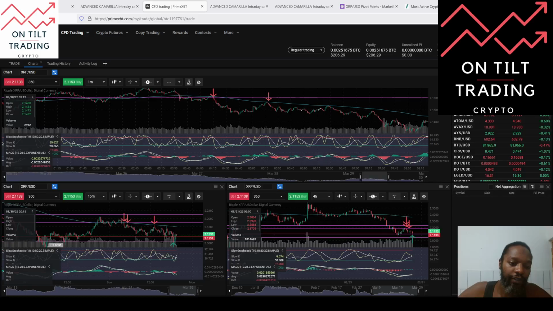Come down to the 15-minute for this one. This is Camarilla pivot R3 right here. This is Camarilla pivot S3 right here. This trade idea is an R3 to an S3 traverse.